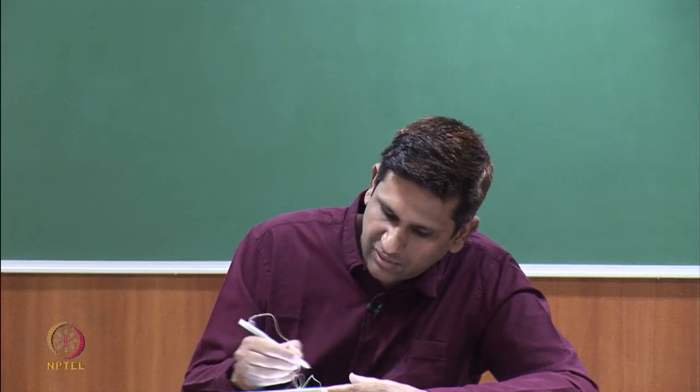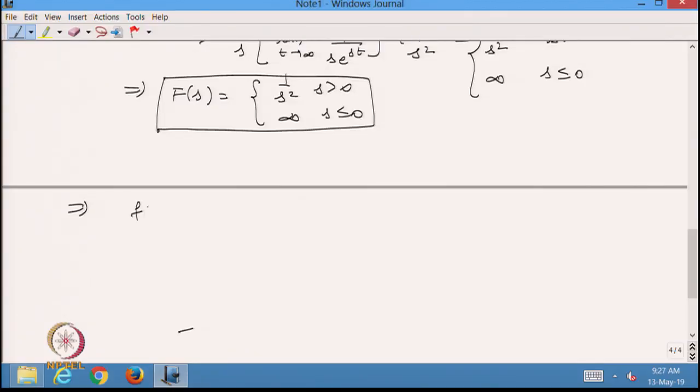Now, suppose I take the Laplace of f(t) equal to t square. The same thing will work here. So, now my Laplace of t square will be the integral from 0 to infinity of t square e raised to power minus s t dt.